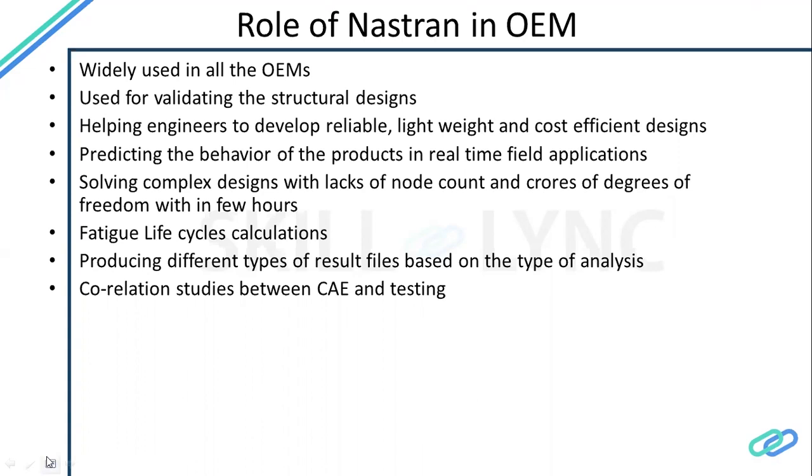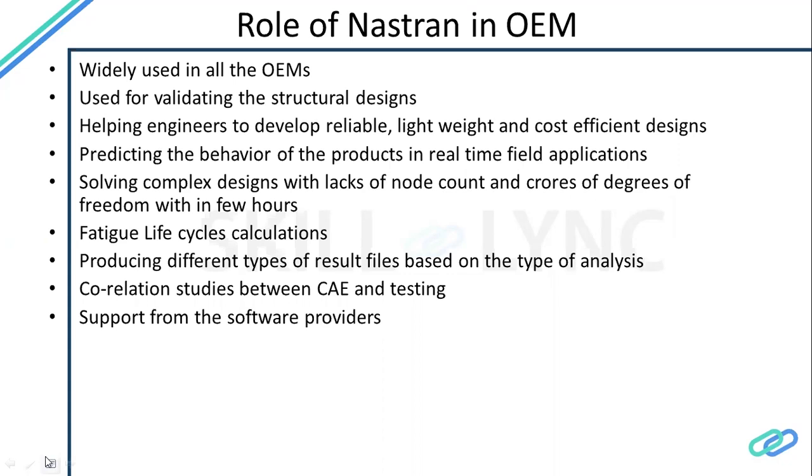Basic designs can be solved easily, but for complex designs we need sophisticated solvers to run the analysis and solve millions of calculations in less time. Here Nastran helps industries solve within less time.